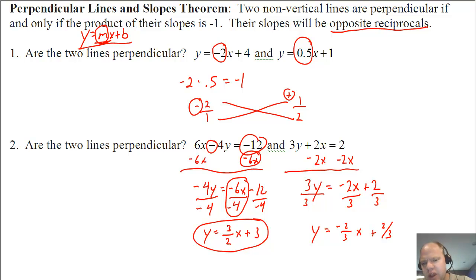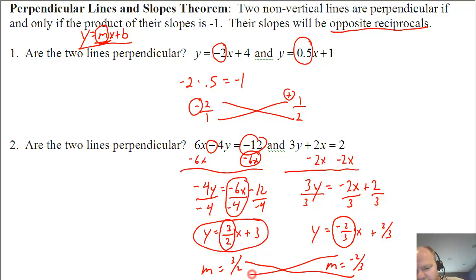As I look at it, this is the slope of this line, negative 2/3, and the slope of the line over here is 3/2. You'll also notice that these are reciprocals of each other and they're opposite signs.